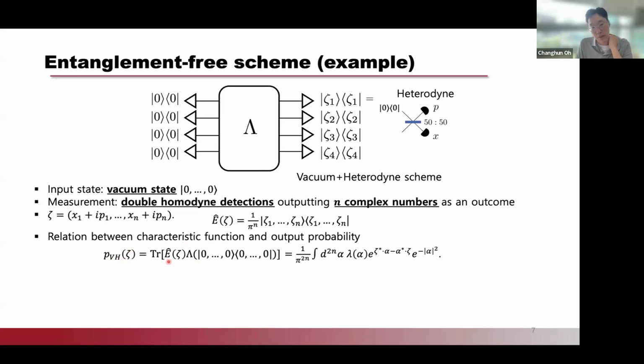So by directly computing the output probability distribution for this particular input and this particular POVM, we can show that the output probability distribution is written as an integral of the characteristic function of the channel to be learned times some phase factor times a Gaussian envelope.